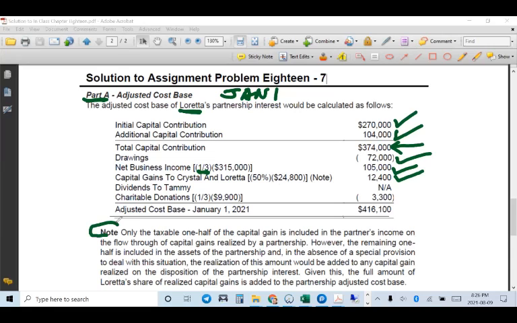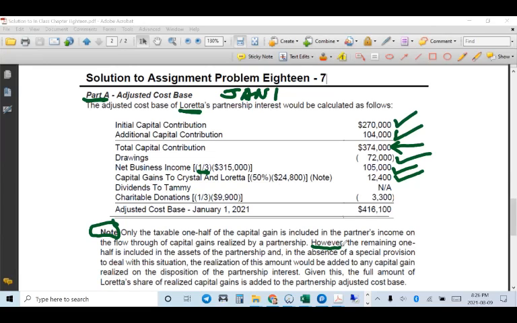I will draw your attention to this note here, though, for some clarification. Only the taxable 1/2 of the capital gain is included in the partner's income on the flow-through capital gains realized by the partnership. However, so, right, we already know if you have a capital gain, you only pay tax on 1/2. Fine.